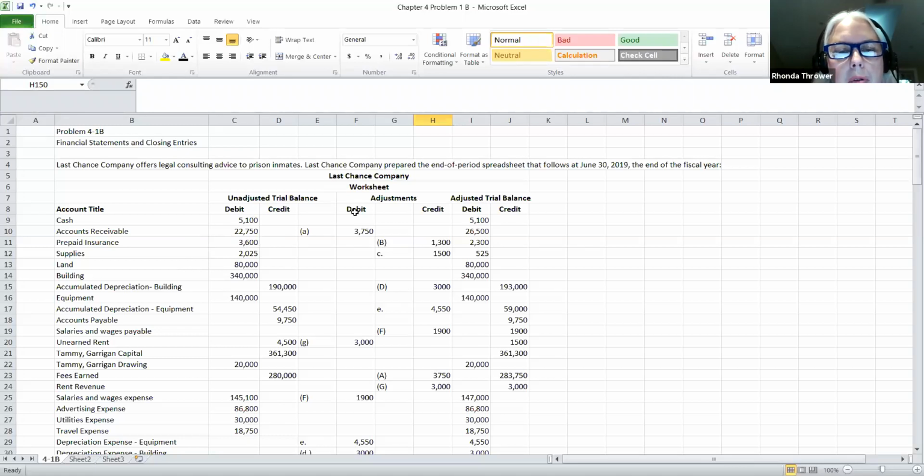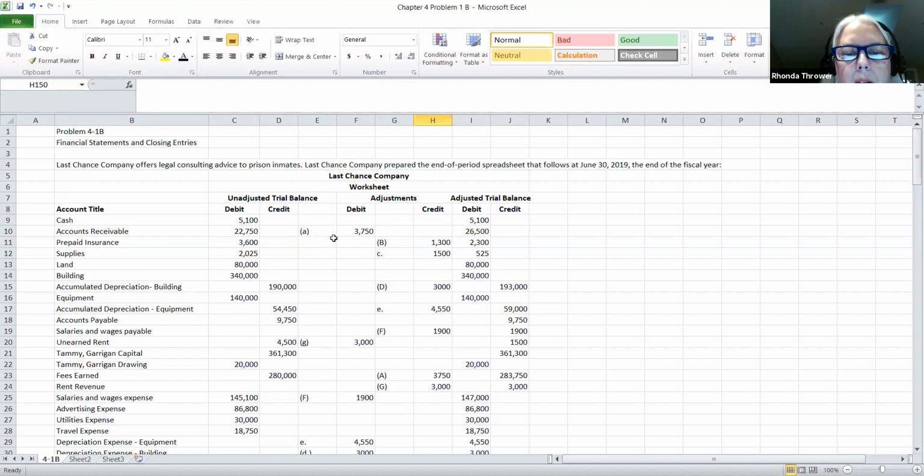And then in chapter 3, we learned how to prepare adjusting entries. You'll remember that some of the unadjusted trial balance amounts needed to be fixed or updated, and we did those in the form of adjusting entries. These middle columns for debit and credit represent the adjusting entries that you made.